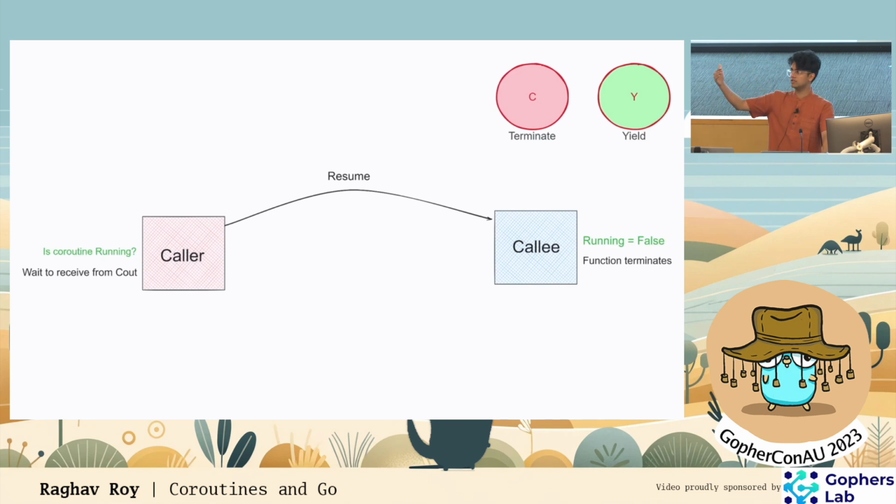As soon as your coroutine stops running, just set it to false, and your caller, every time it tries to call a coroutine, can check: hey, is this coroutine running? And if it's set to false, no. You may think that having a shared variable between potentially multiple coroutines can cause data races. But again, only one process can be running at a time, so that won't happen over here.